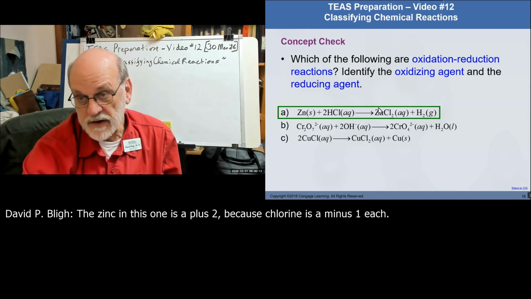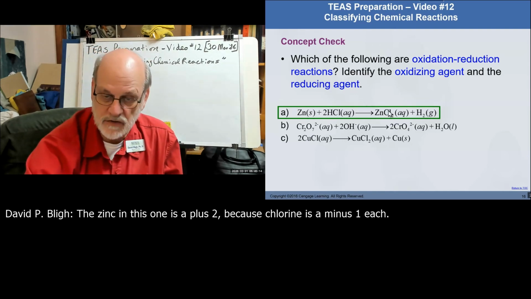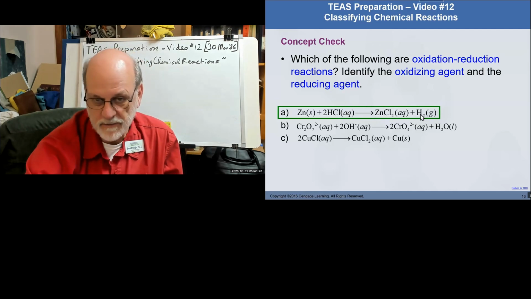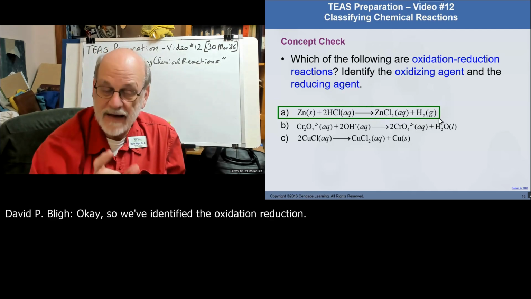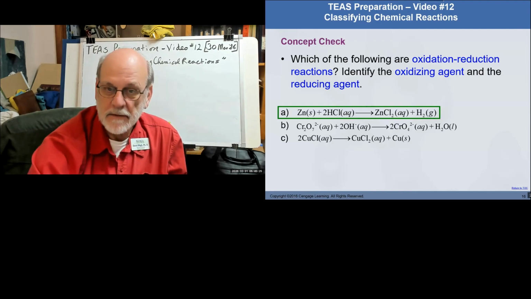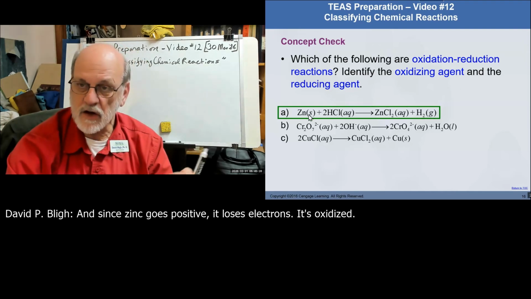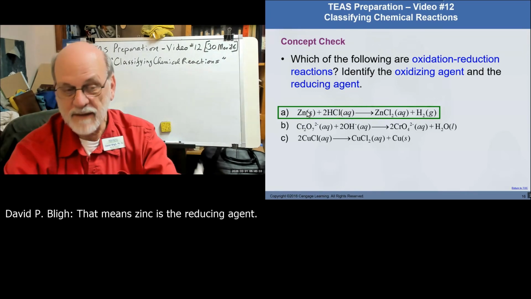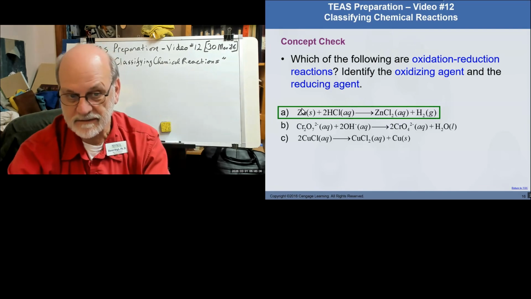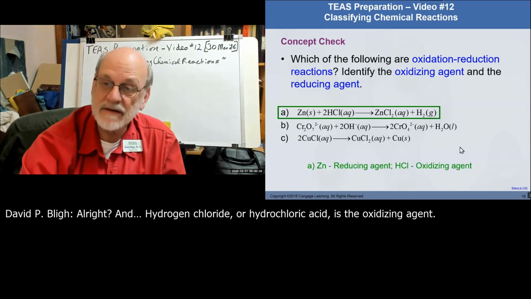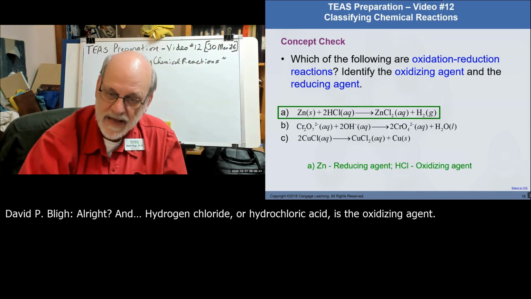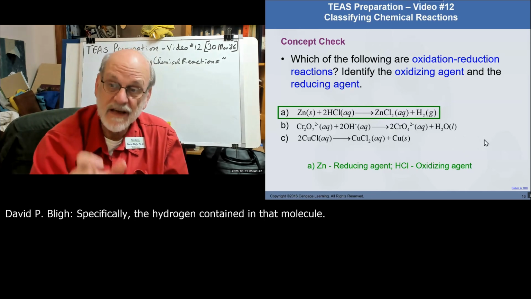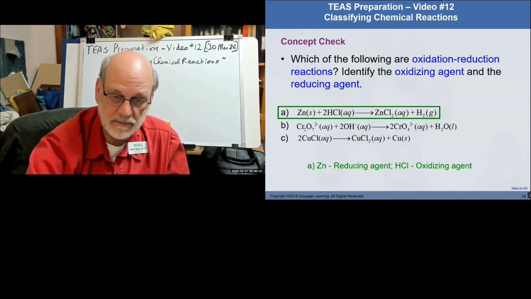The zinc in this one is a +2 because chlorine is a -1 each. Chlorine is a -1 here, hydrogen is a +1, and over here it's a 0. So we've identified the oxidation reduction, and since zinc goes positive, it loses electrons. It's oxidized. That means zinc is the reducing agent. Hydrogen chloride, or hydrochloric acid, is the oxidizing agent, specifically the hydrogen contained in that molecule.